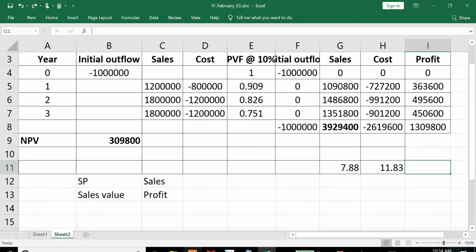We get it as 13,09,800. Any doubts on this?